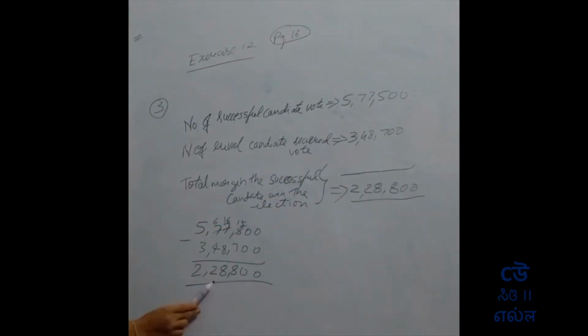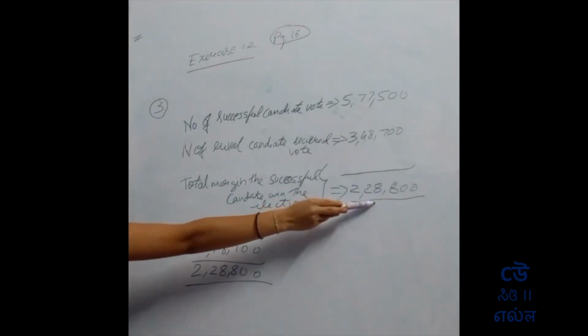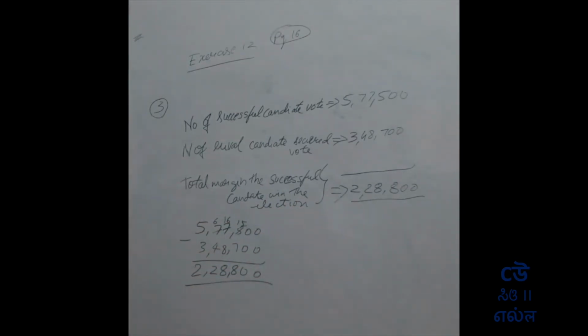What is the answer we got here? 2,28,800 votes difference. The successful candidate was able to win the election by this margin. If you subtract these two, you will get the margin by which the successful candidate won the election.